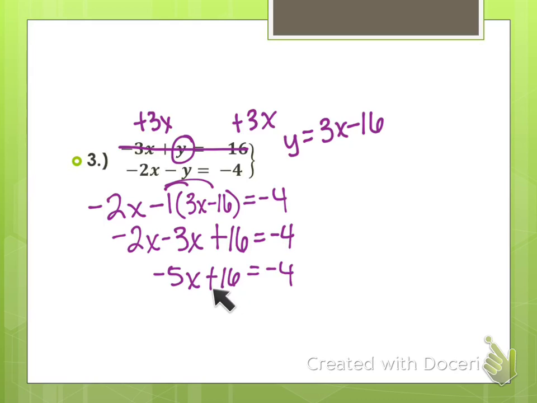What does this sign mean? That means plus. Okay, so what's the opposite of plus? Minus, subtract. I said subtract. When I subtract -4 minus 16, what do I get? -20.